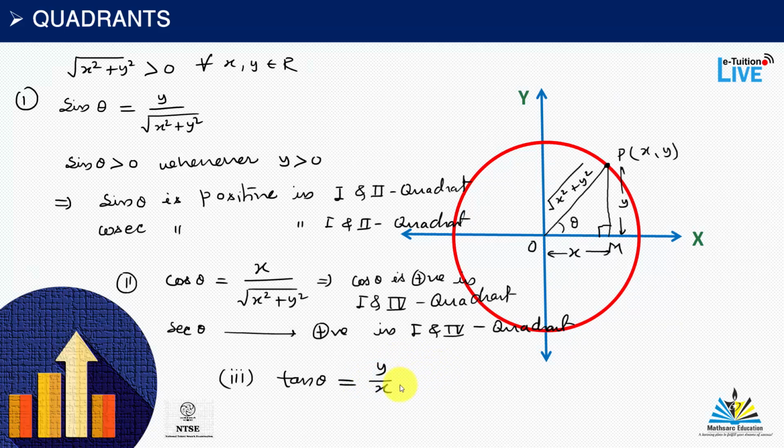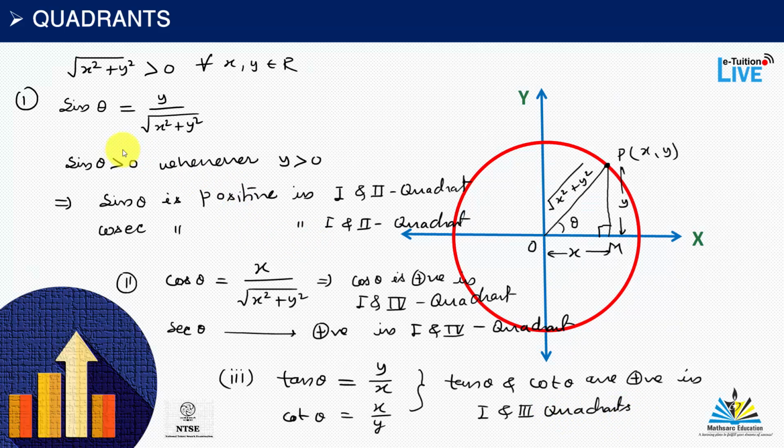In the same way, cot theta is equal to x upon y. So tan theta and cot theta are positive in the first and third quadrants.